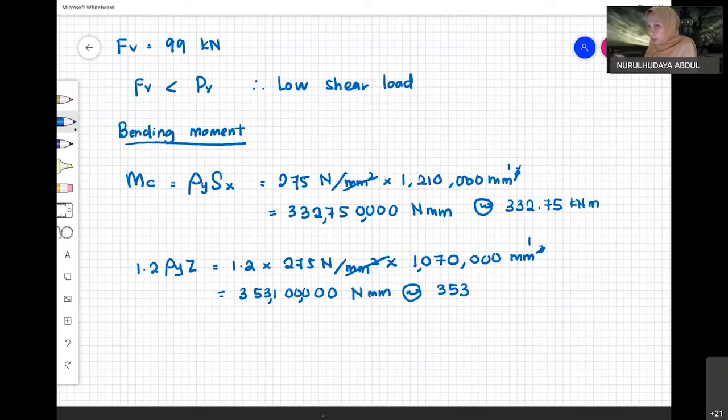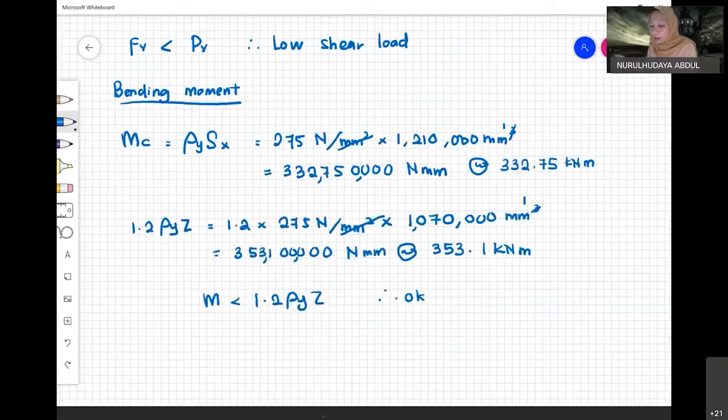Convert jadi kilonewton 0.1 kilonewton meter. Compare dengan MC. MC ni kena compare dengan 1.2 PYZ. We see that MC is less than 1.2 PYZ, which means okay. If it's bigger, it's not okay.